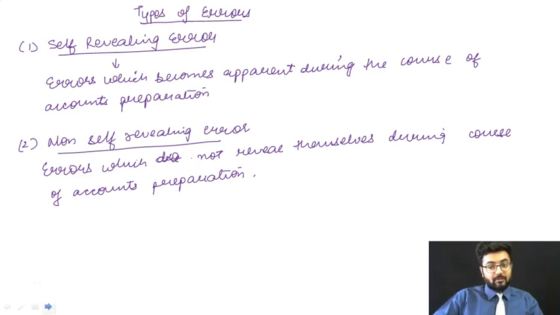Now moving on to the next thing, the third kind of error which we generally face is unintentional error.